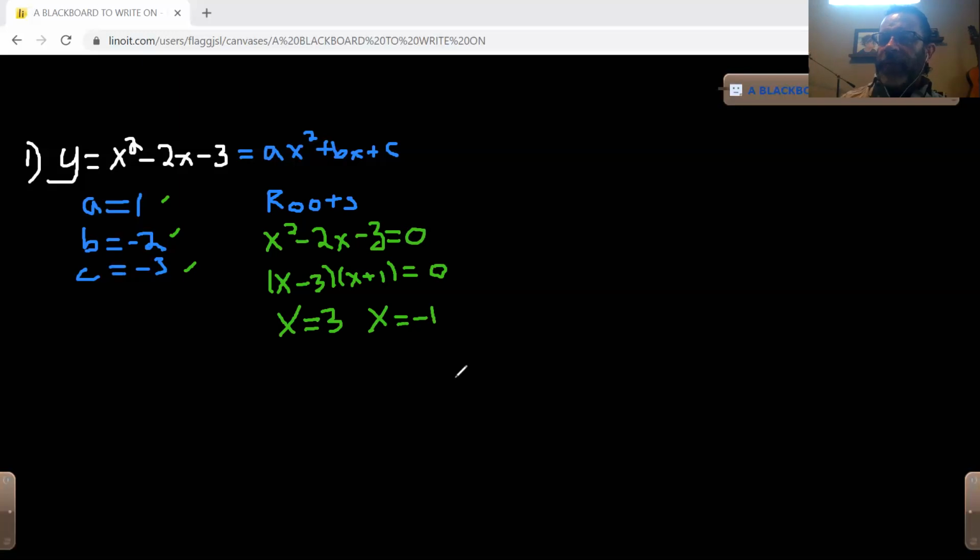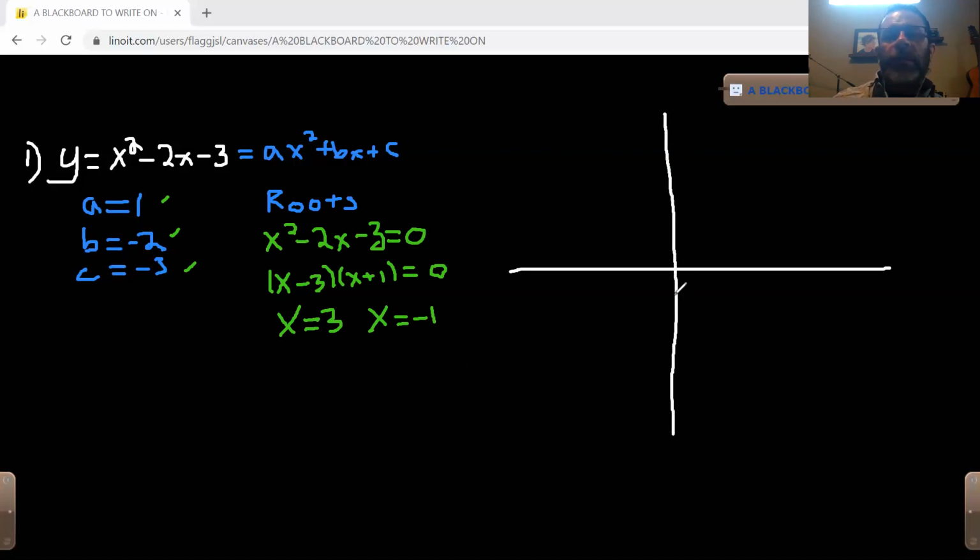So now we've got a better idea as to how to sketch this parabola. Okay? And how are we going to do that? I'm going to draw an XY plane over here. And what does this mean? This means that our parabola crosses in x equals 3.